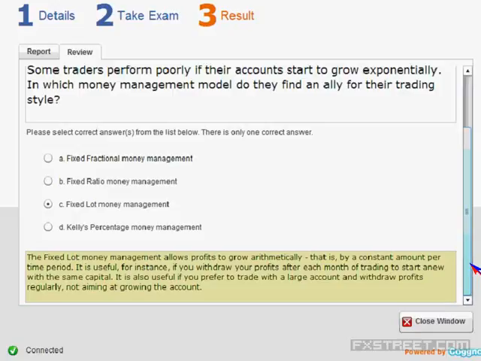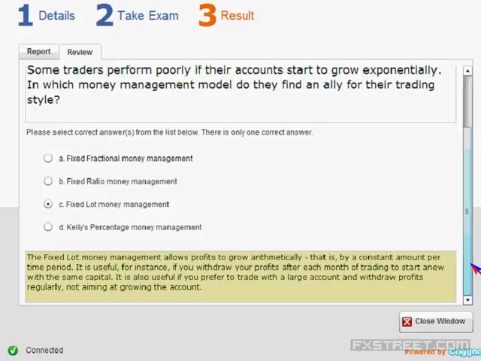So the fixed ratio would be ideally suited for a competition. But once you have an account which has grown to a certain amount of capital and it is producing the income that you need on a regular basis, you may switch to a fixed lot technique. So from there on, you trade exactly the same amount.